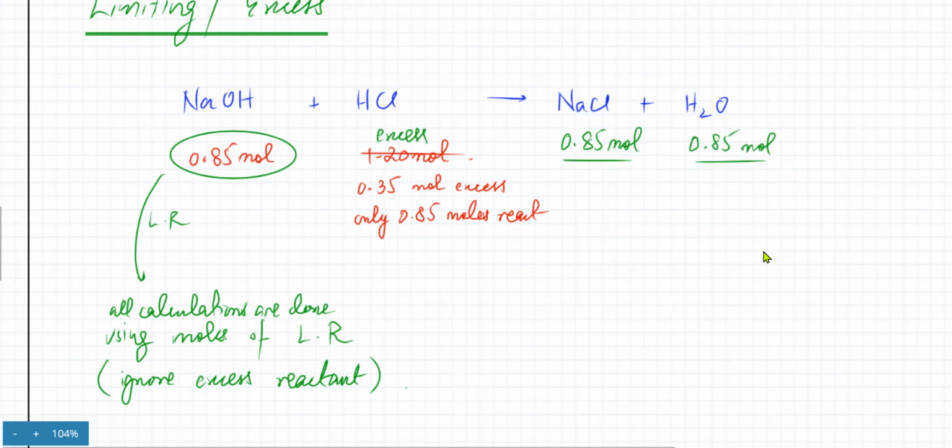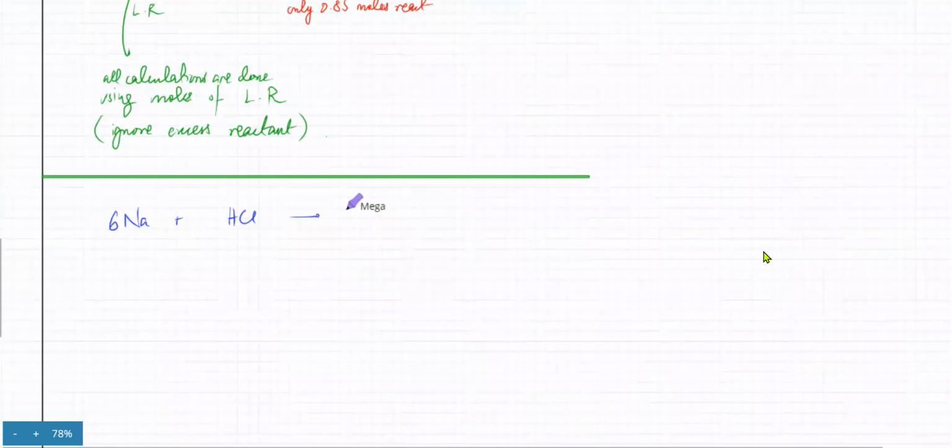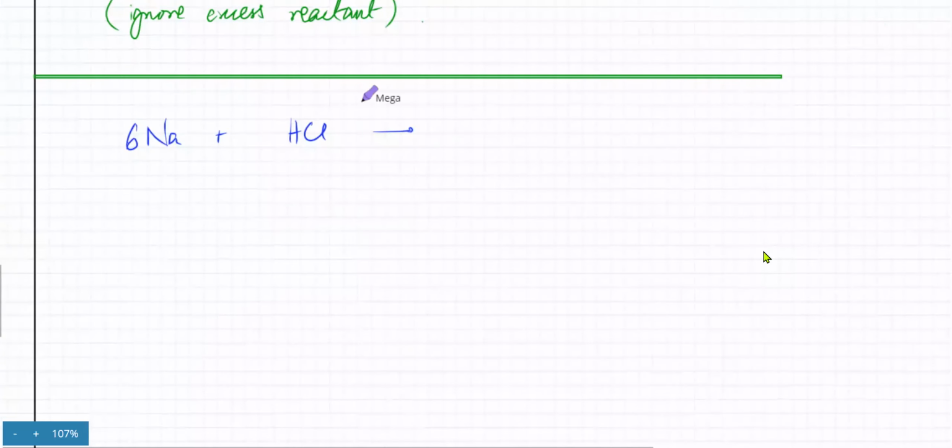This one was fairly easy. So your question is, let's say you have Al and HCl reacting together to form AlCl3, and hydrogen gas is given off.